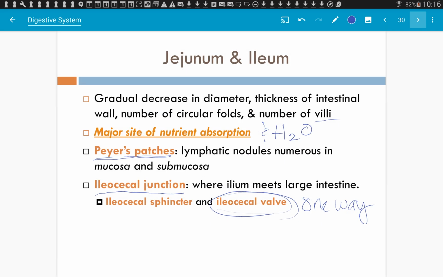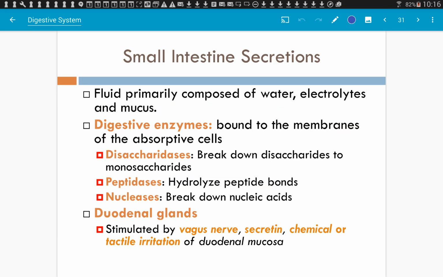Okay, moving on. So secretions in the small intestine. Three important digestive enzymes. Disaccharidases. So they're breaking down disaccharides, which are sugars, into smaller molecules, into monosaccharides.